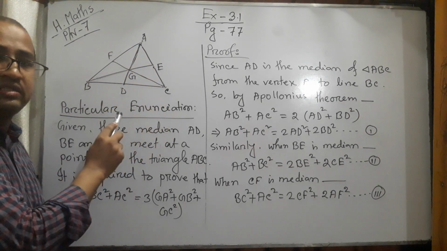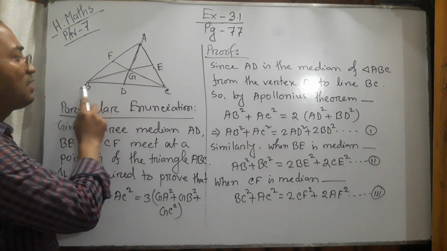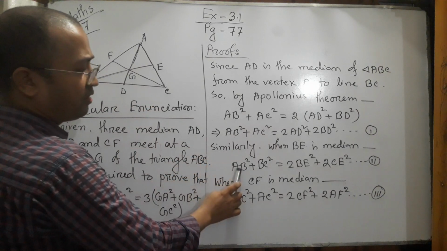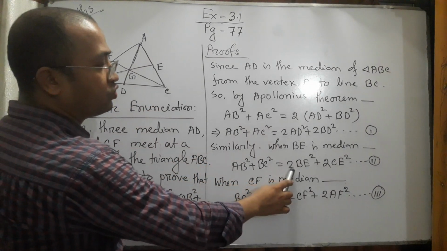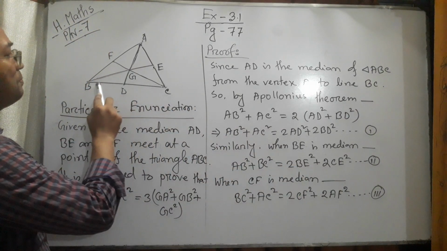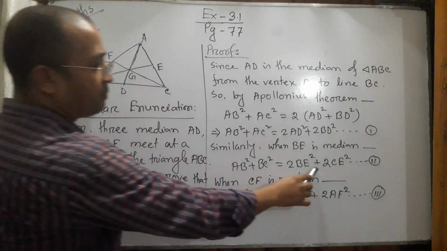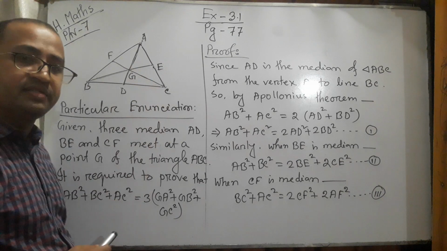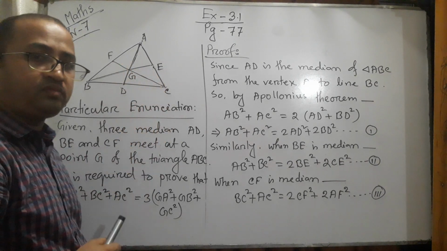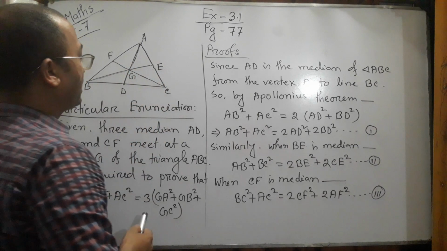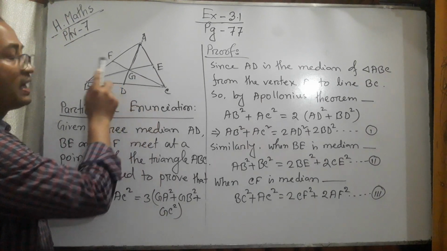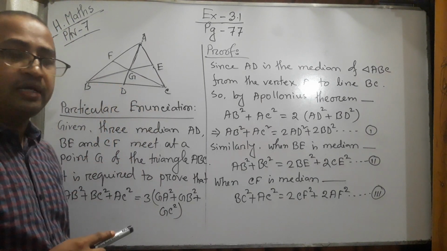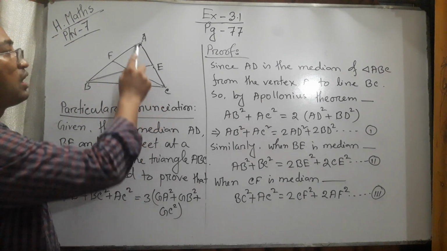So the other two sides are AB and BC. So AB square plus BC square equals 2 BE square, BE being the median, plus 2 CE square, CE being 1/2 of the line AC. Have you understood?